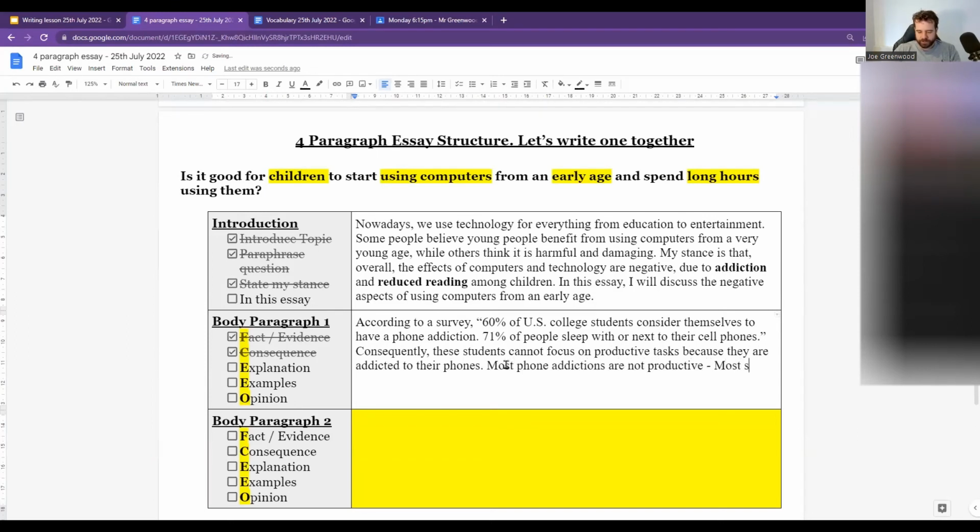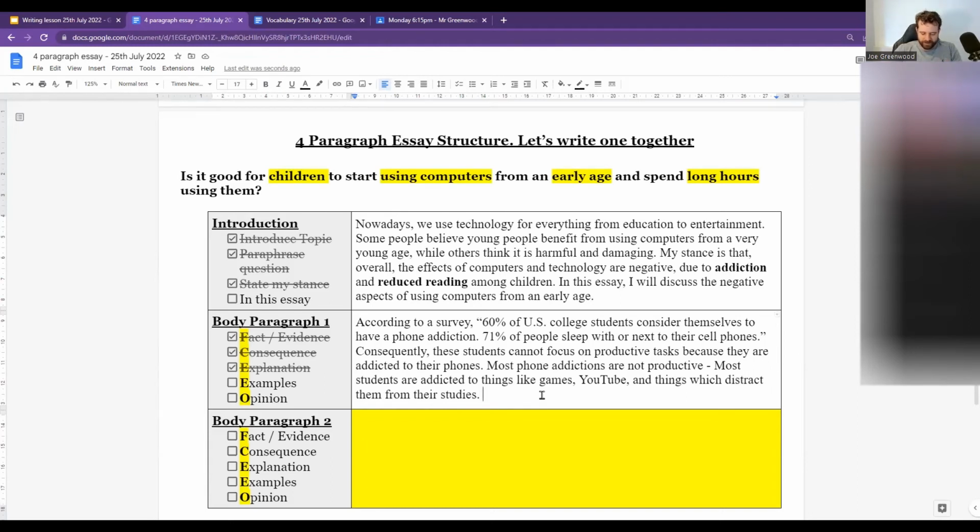Most students are addicted to things like games, YouTube, Netflix, Instagram, and things which distract them from their studies. In my class, I have a classmate who always plays video games, and now his grades are very, very bad.